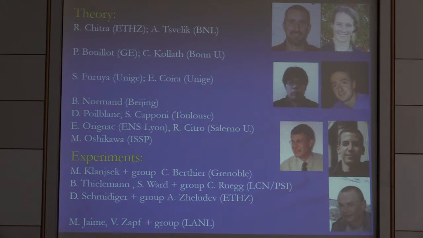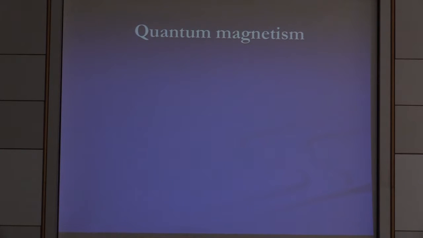It's Claude Berthier in Grenoble, Christian Rüegg at PSI, and Andrey Zheludev, I'm sure I'm not pronouncing it correctly. Oleg, you will correct me, in ETH. There is also, Christian will confirm it, the Los Alamos group with whom we had many discussions and collaborations.